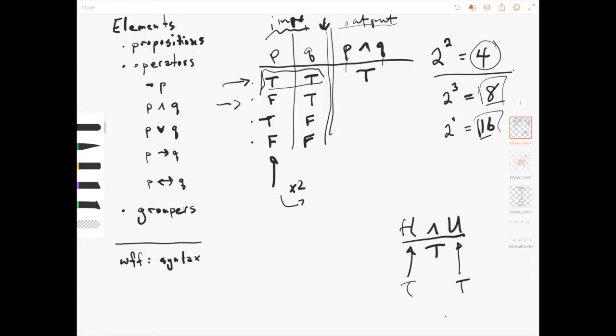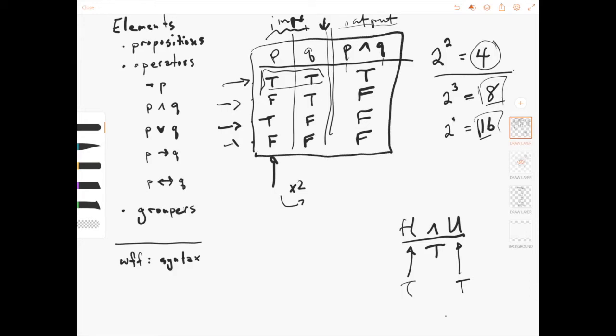For the second row, if P is false and Q is true, then P and Q is false. For the third row, of course, that represents another possible combination. If P is true and Q is false, then P and Q is false. And for the fourth row, if P is false and Q is false, the final set of inputs, then P and Q is false. Now, once again, if we look at this truth table, what we can say about it is that it actually constitutes a definition of the function conjunction.